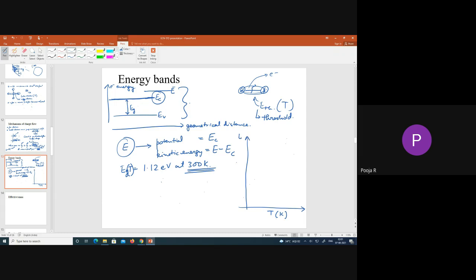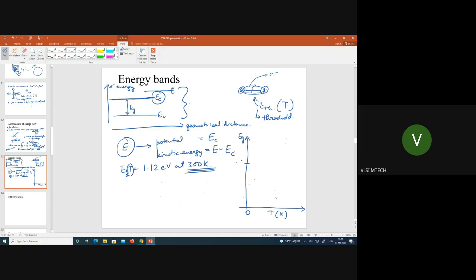Because as the temperature increases, the lattice vibration increases, and the electrons gain more energy to jump to the conduction band. So the band gap would decrease.